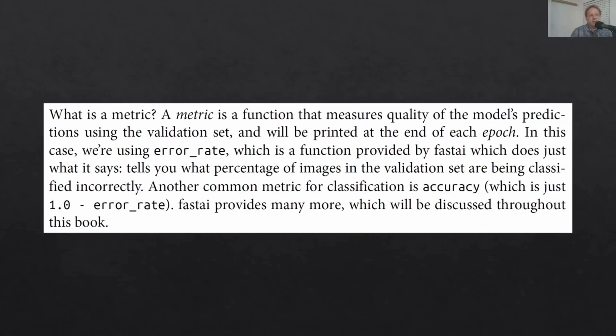So your predictions don't change and your error rate doesn't change. So loss and metric are closely related, but the metric is the thing that you care about. The loss is the thing which your computer is using as the measurement of performance to decide how to update your parameters.